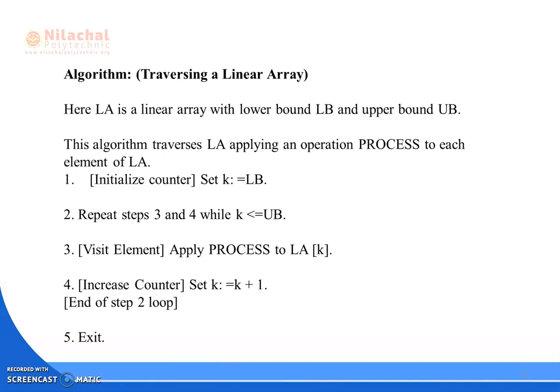So when it does not satisfy, it will come out of the loop and directly exit. It will not execute steps 3 and 4 again. It will directly come to the exit point. So finally we will have processed each and every element of the array and exited. So this is the traversing of the linear array.